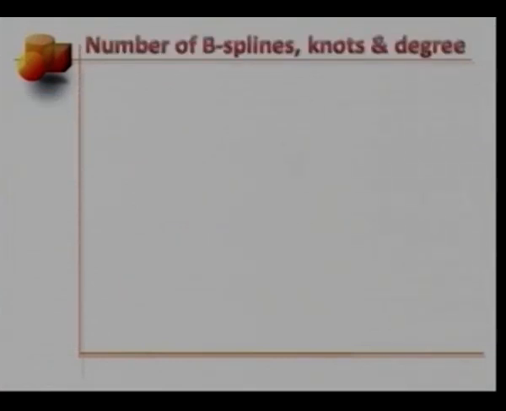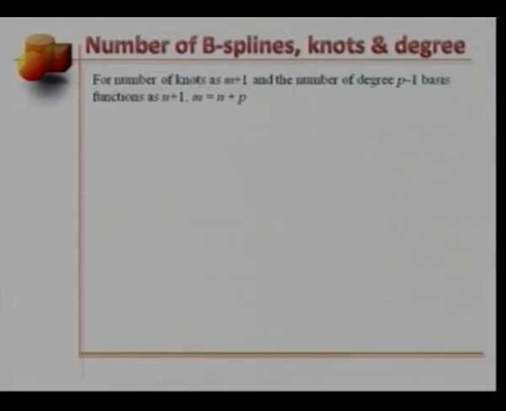This one pertains to the number of basis spline functions, the knots, and the degree. For number of knots as m plus 1, and the number of degree p basis functions as n plus 1, m equals n plus p.